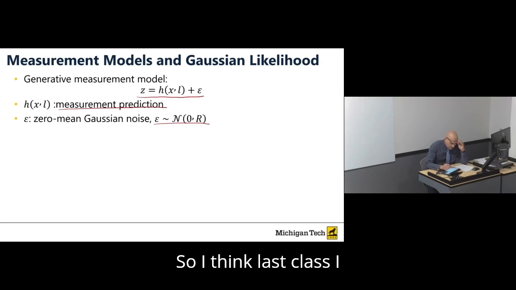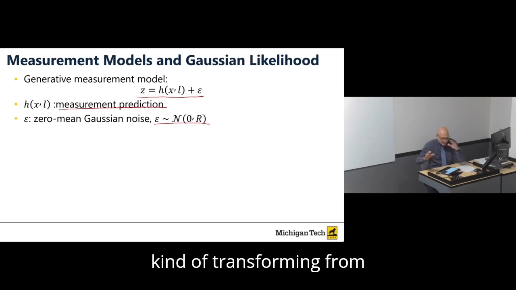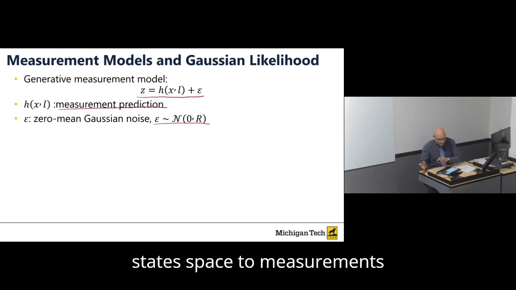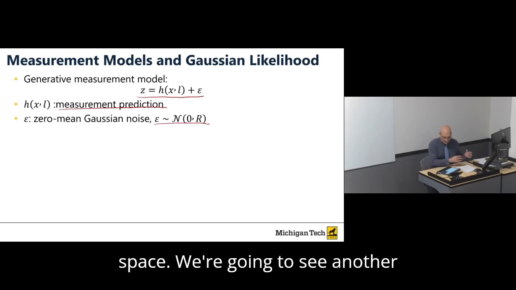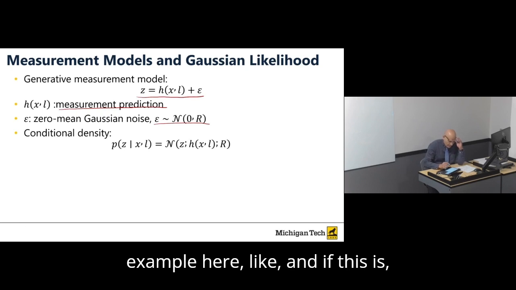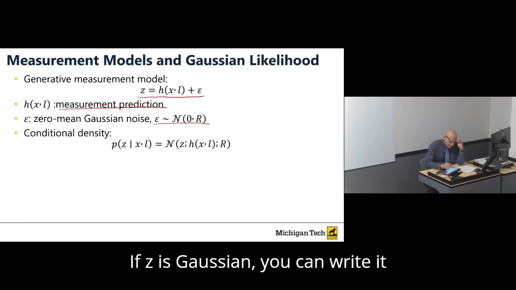I think last class I explained what h is. H is kind of transforming from the state space to the measurement space. We're going to see another example here. If z is Gaussian, we can write it like that.